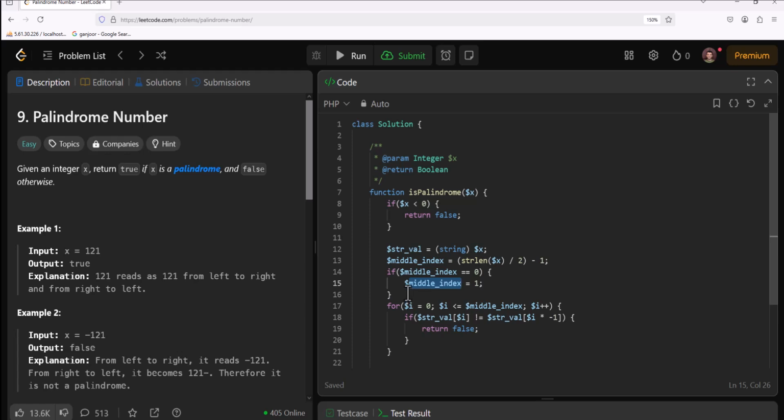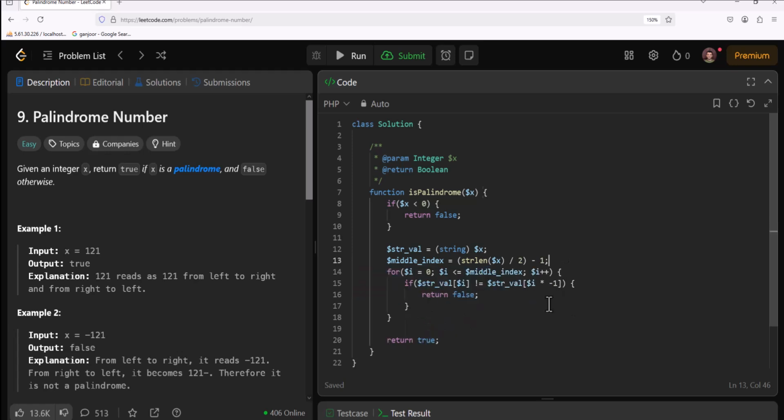What if str val is 0? Okay, this would be 1. I think this way is not a good way.